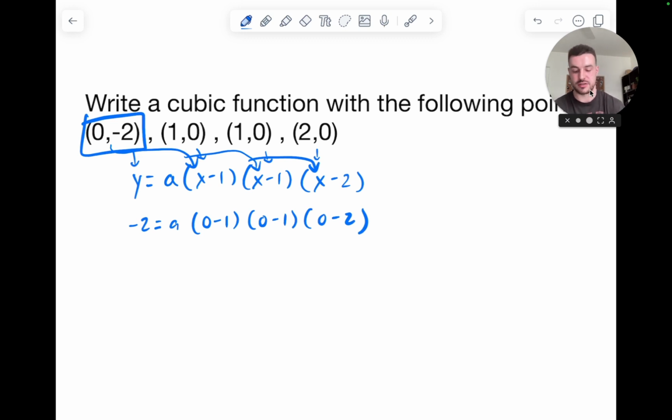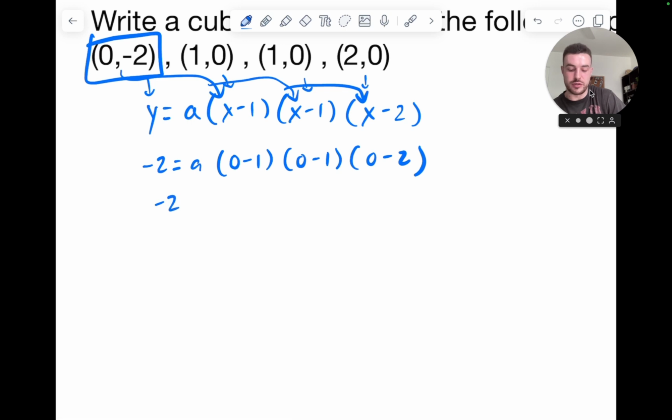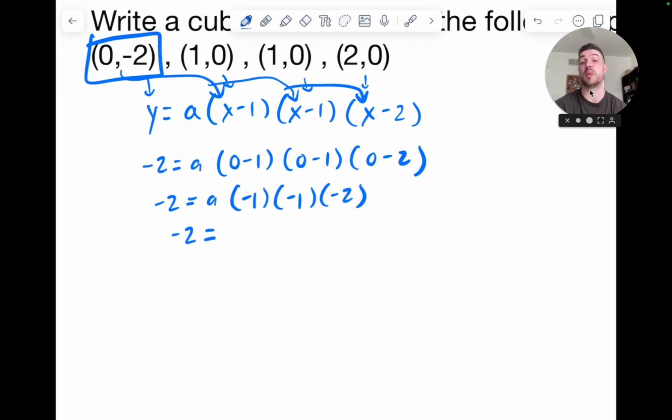Now, simplifying and solving, I get negative 2 equals a times negative 1 times negative 1 times negative 2. So negative 1 times negative 1 is positive 1, times negative 2 is negative 2 with our a. So I solve and get an a value of 1.